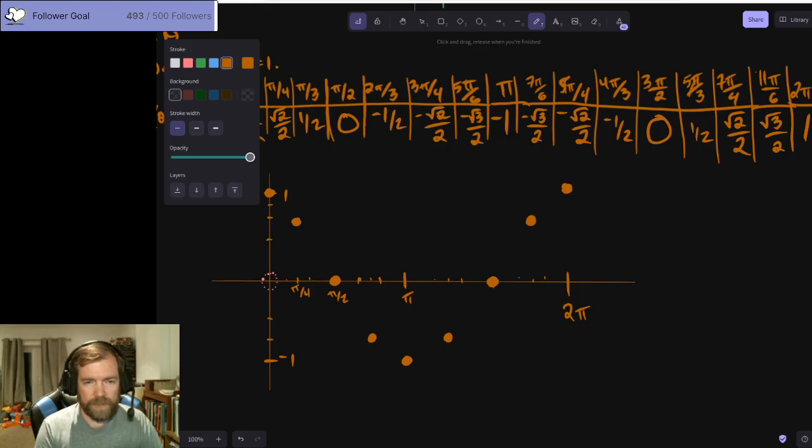0.866, which is roughly 7/8, a little bit under. This one's going to get us, again, about a half. It is a half, sorry. Pi over 3 is going to get us a half. 2 pi over 3 is going to get us negative a half. Right? And then 5 pi over 6 is going to be pretty close to negative 7/8. And then we do the same on the other side.